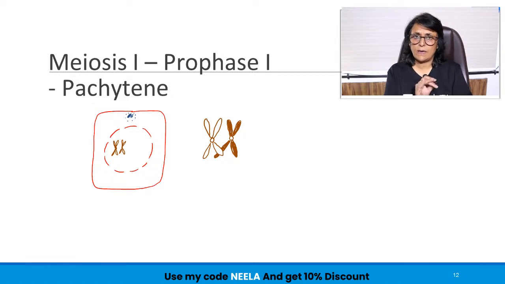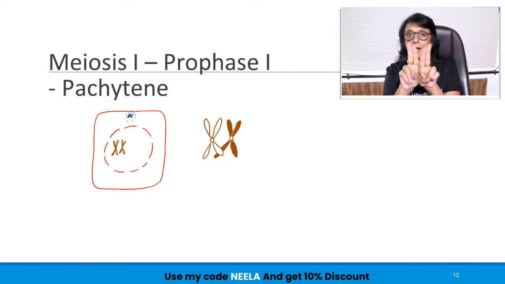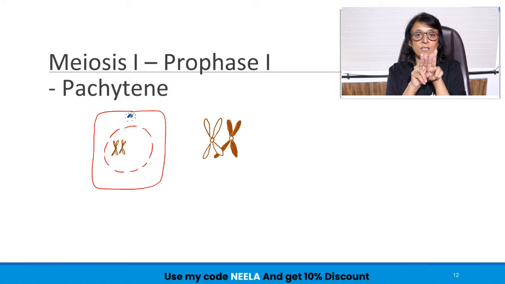One is hollow, and the other is solid, so that when we show the exchanged genetic material, it will be easier for us. What happens in one pair, similar things are going to happen in the other pair. Now, let us try to visualize what is happening. In zygotene, the 2 chromosomes paired, right? That was homologous chromosome synapsis. Now these 2 chromosomes are held together by the synaptonemal complex.